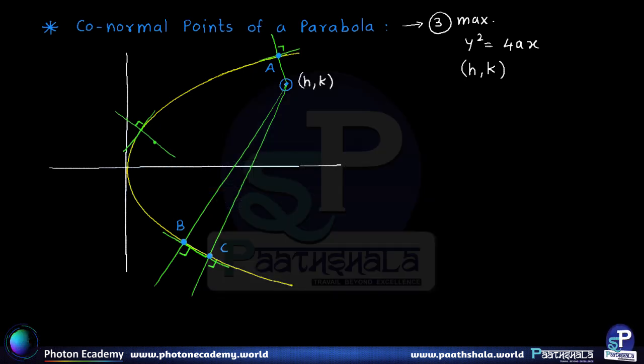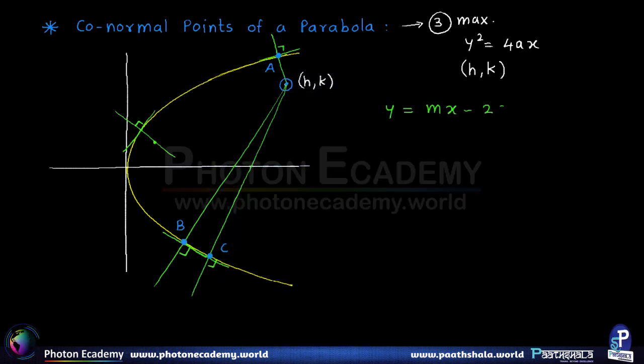Now if we consider the equation of the normal to the parabola, as we have seen previously, we had derived that the equation of any normal is given in its slope form as y is equal to mx minus 2am minus am cube. So this is a cubic equation in m. Naturally it will have 3 roots.